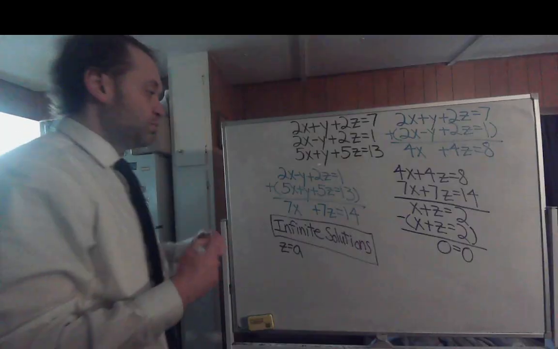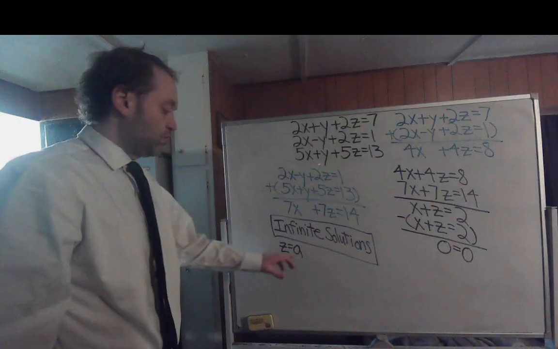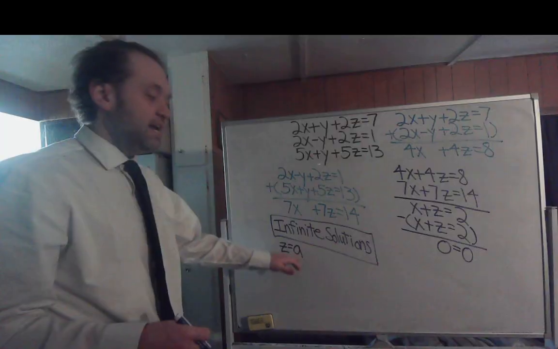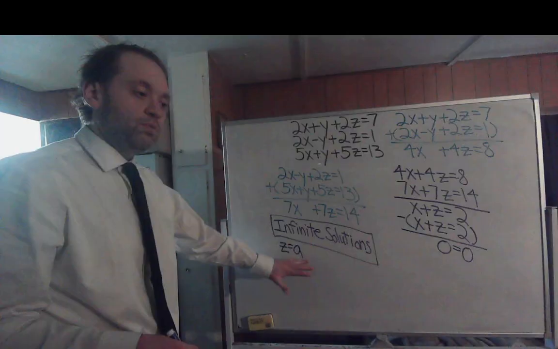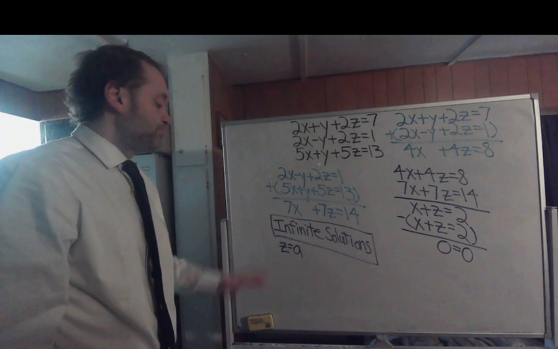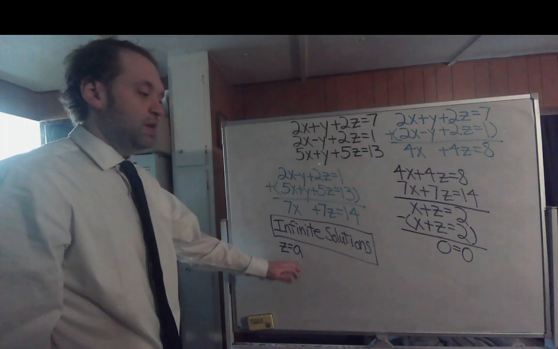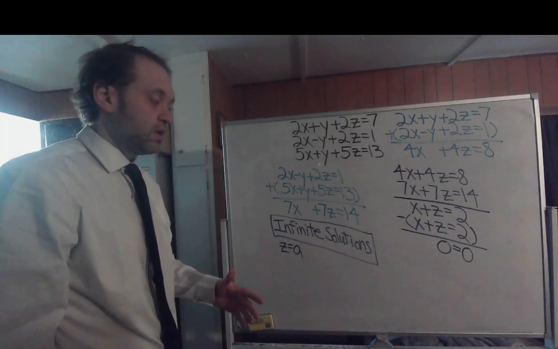Z is going to equal a, right? The reason we pick a represents any arbitrary constant whatsoever. So that means no matter what value I stick in for z, it's always going to work.